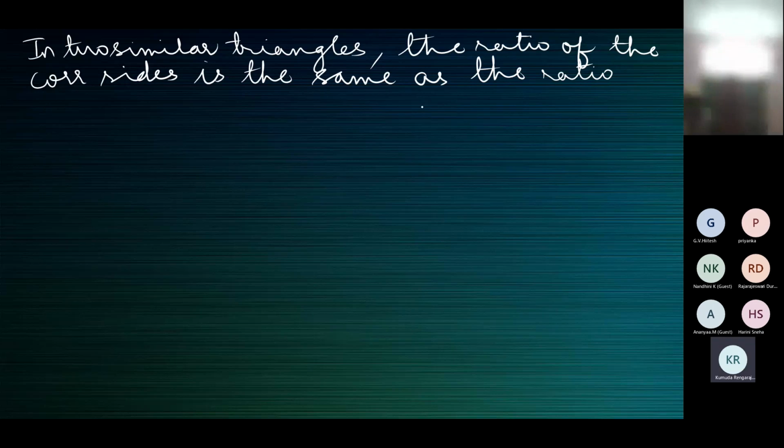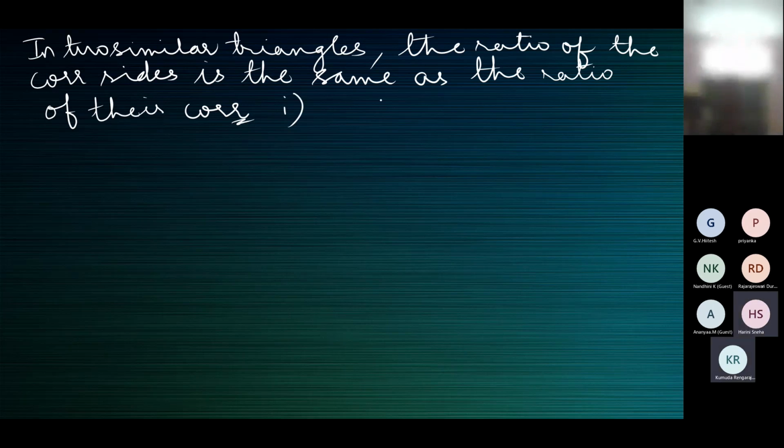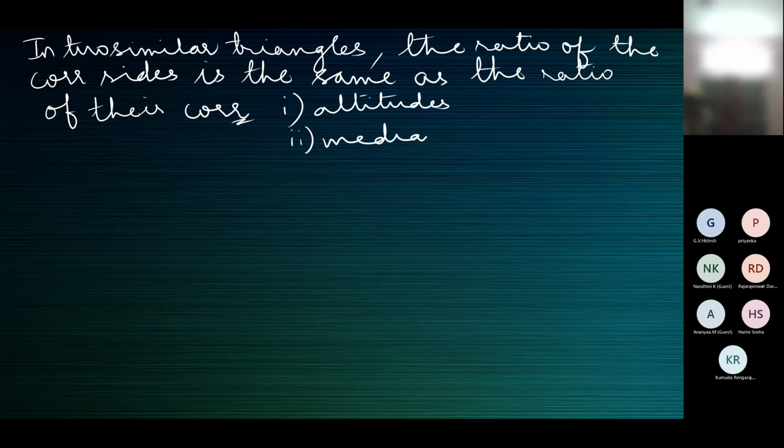Yes, ma'am. Okay. In two similar triangles, the ratio of the corresponding sides is the same as the ratio of their corresponding sides. The ratio of the corresponding sides is the same as the ratio of their corresponding altitudes, medians, angle bisector segments.